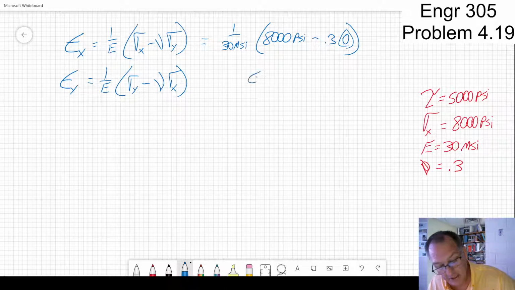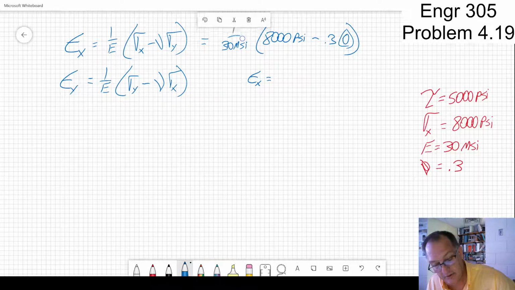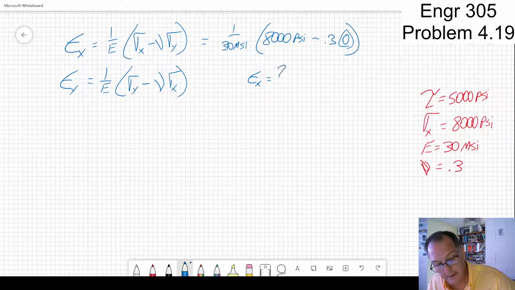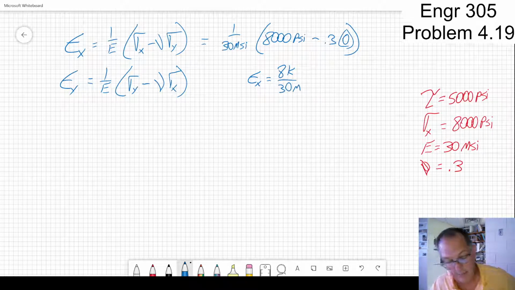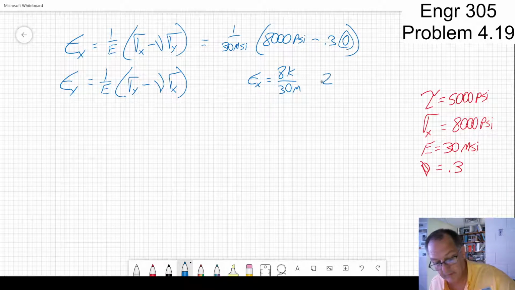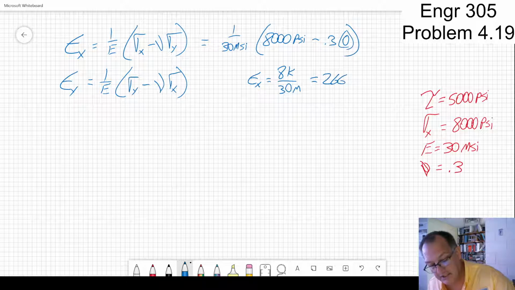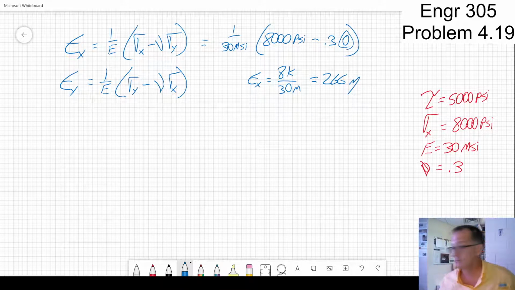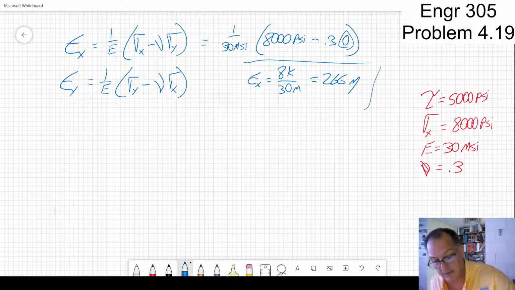So strain in the X is equal to 8K over 30M, because my psi canceled out with my Msi. If I calculate that out, I have 266 micro. It's my strain in the X direction.